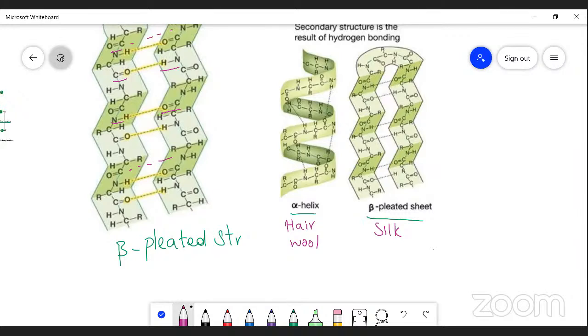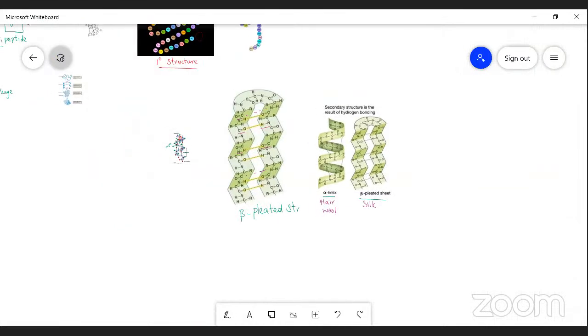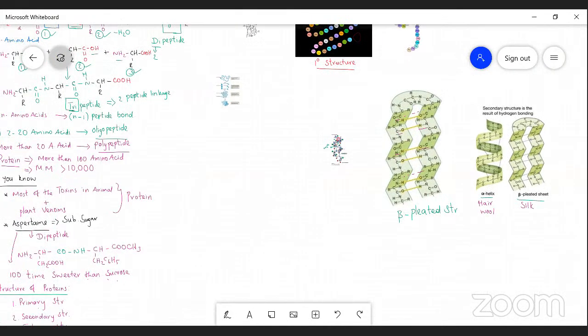So here we are taking the tertiary structure of protein. We have considered the primary and the secondary structure.